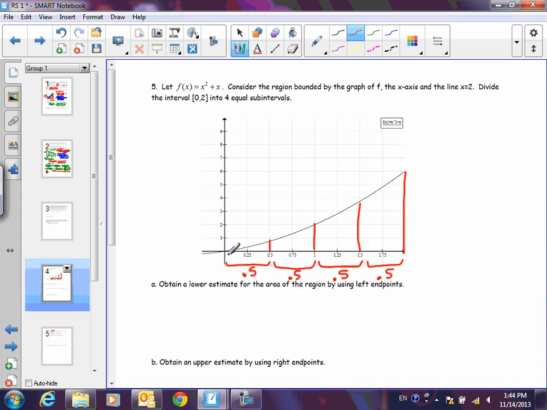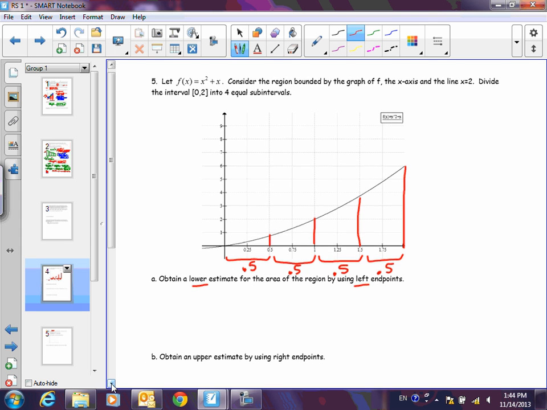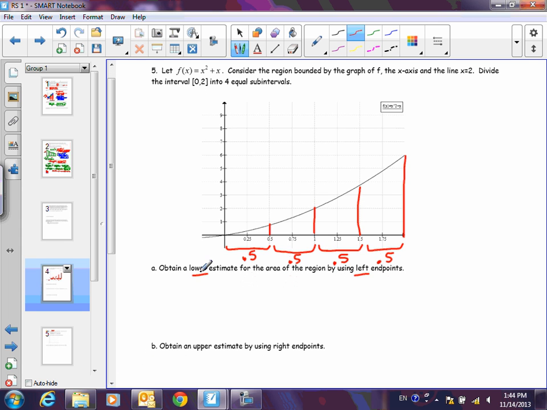So let's go ahead and do this whole left. Now, I'm telling you on this one that it's lower and left. So how could you know by looking at this that if I picked the left point instead of the right point, that it would be a lower or underestimate? How would you describe this function?